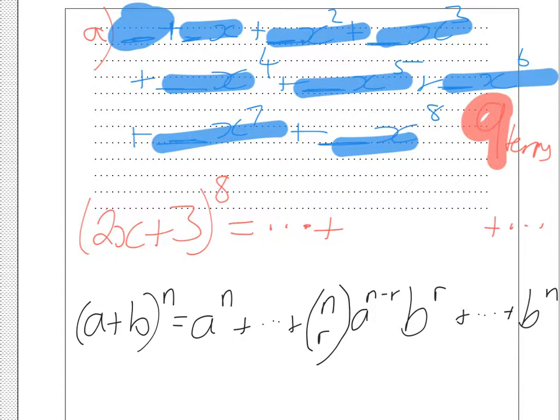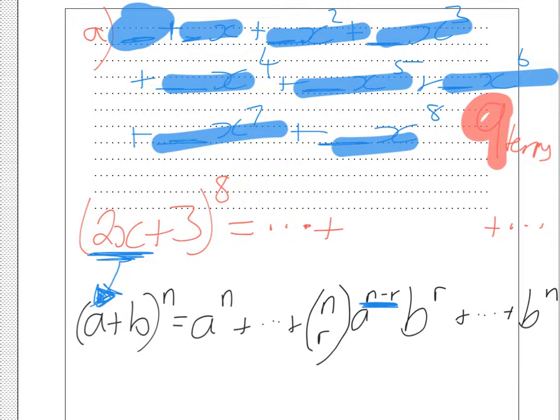So we have to choose a value of n and a value of r to match our situation, remembering we're trying to get the x cubed term. If we think about our 2x as matching with a, that means to get x cubed we need this number here to be 3.